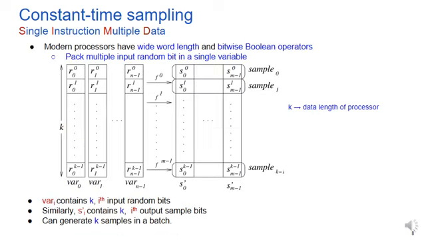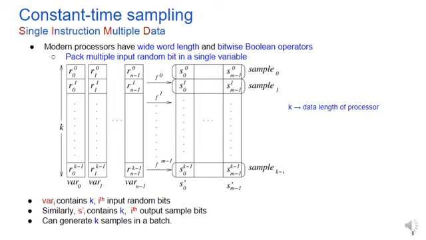Instead, we use the fact that modern processors have wide word length and bitwise Boolean operators. So instead of using single bits in calculating Boolean expressions, we can pack multiple bits in a wide variable and use the bitwise Boolean operators to calculate the Boolean expressions as before. In this example, we assume the processor has word length k and variable var i holds k numbers of ith input random bits.